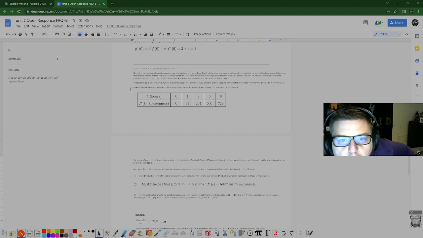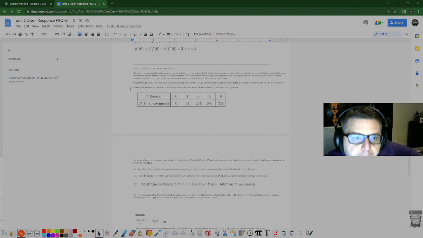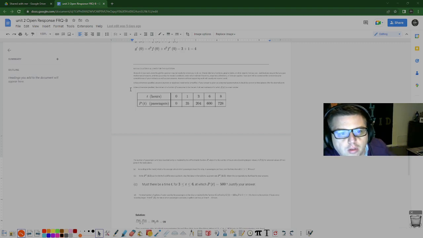Answers without supporting work will usually not receive credit. Unless otherwise specified, numbers, numeric or algebraic, need to be simplified. If your answer is given in decimal approximation, it should be correct to 3 decimal places. Unless otherwise specified, the domain of a function f is assumed to be the set of all real numbers x for which f of x is a real number.